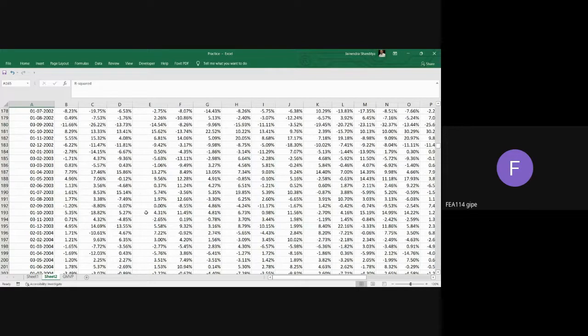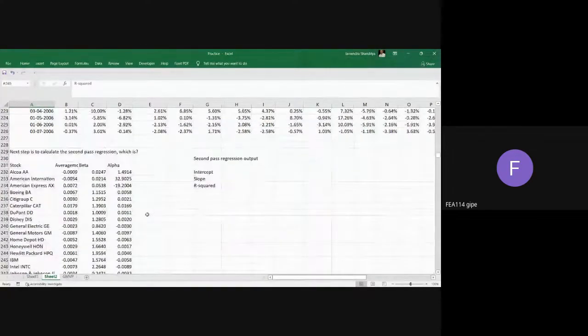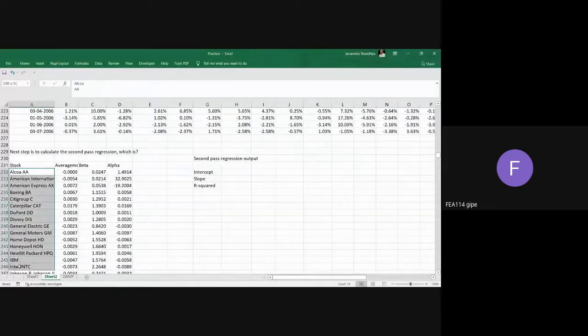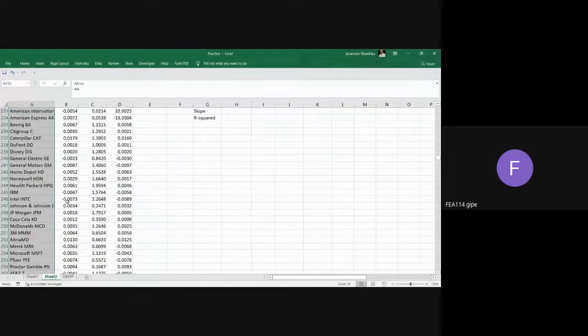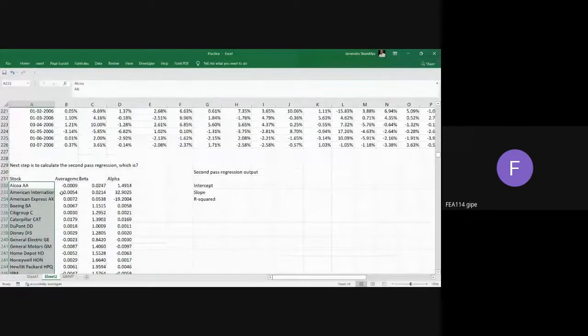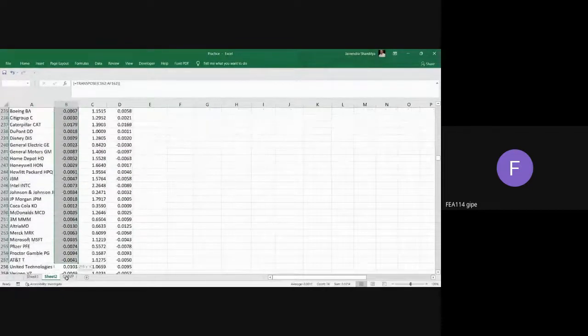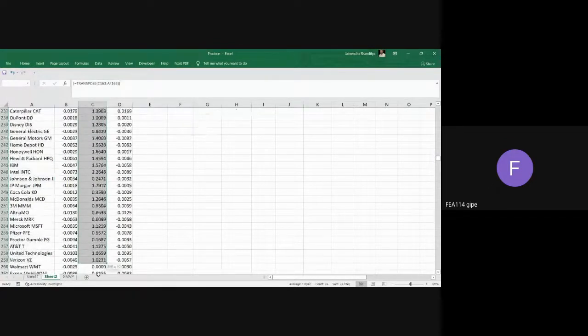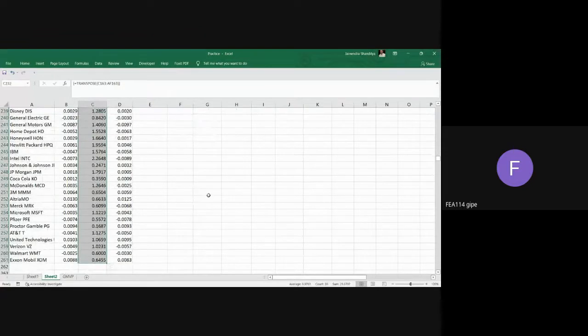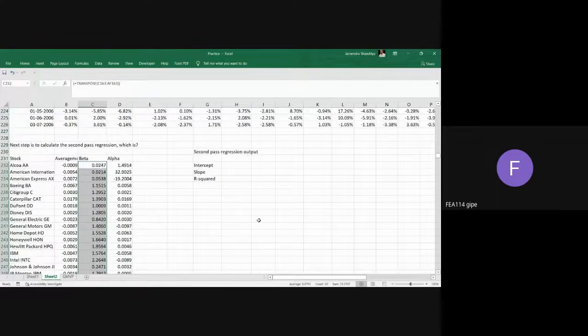So what I do is I create all the stocks here with the 30 stocks, and I have taken their average return from the figure at the top only. So I have taken the average return, which is in fraction, not in percentage. So this average return, and this is beta, and this is alpha. Now, in order to know the securities market line, we have to calculate the second regression.